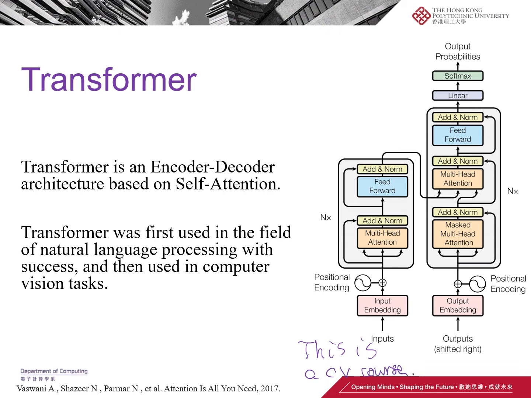So this is an English sentence, and transformers were originally proposed to do something they call sequence to sequence mapping, because the sentence itself is a sequence of words.